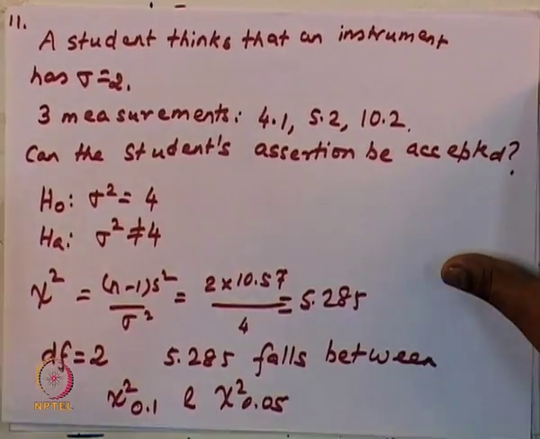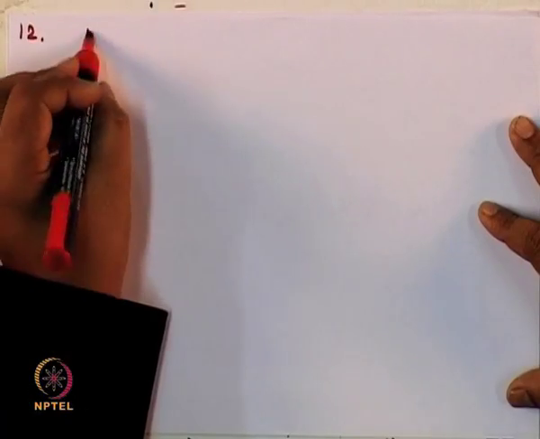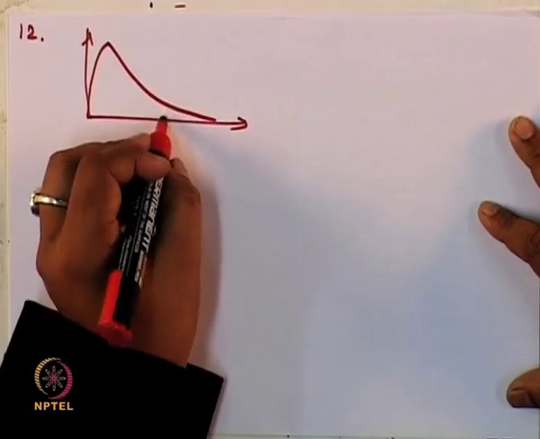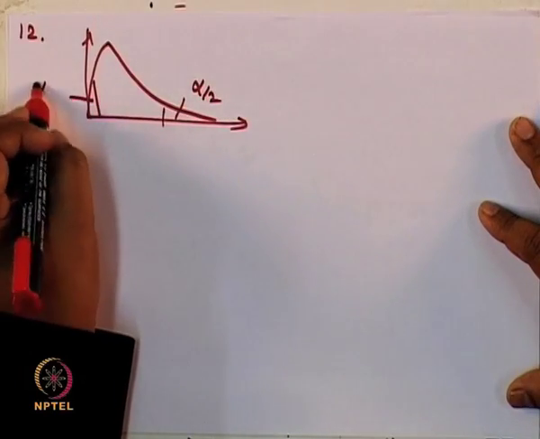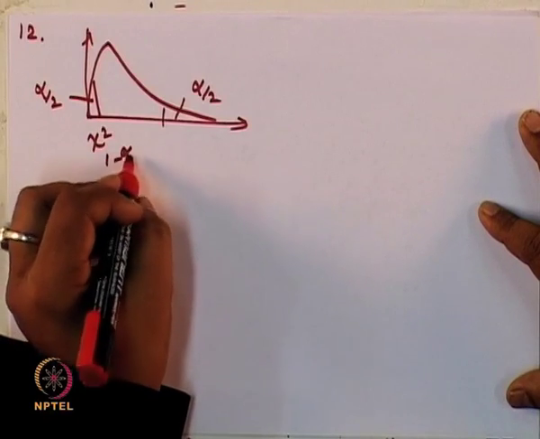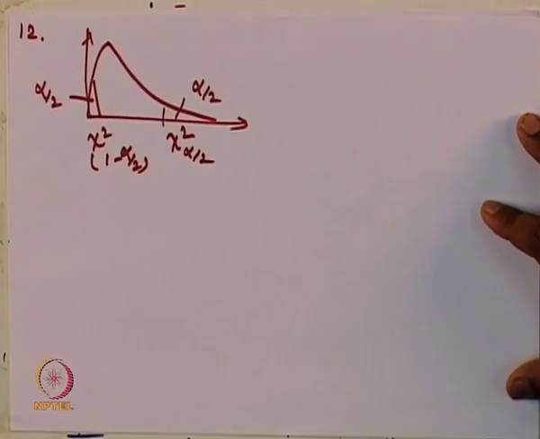Now, since it is a two-tail test, okay, now remember, for a two-tail test, so this area is alpha by 2, this area is alpha by 2. Okay. So, chi-square 1 minus alpha by 2 and chi-square alpha by 2.